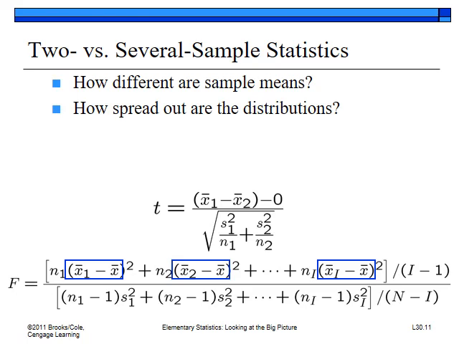Now, how spread out are these distributions? The standard deviations of each sample appear in the denominator of the t statistic. They get squared and then added together after dividing by the sample sizes, and then we take a square root.